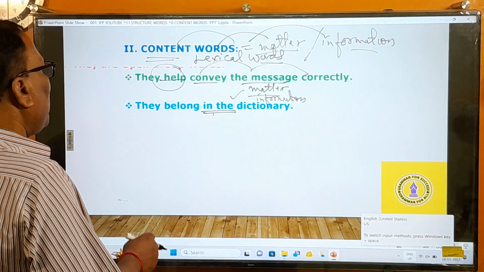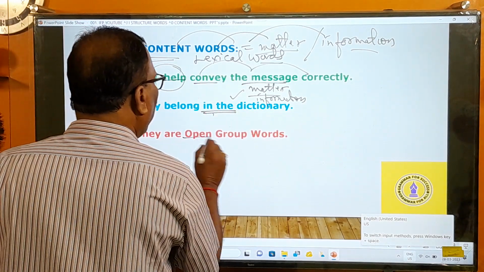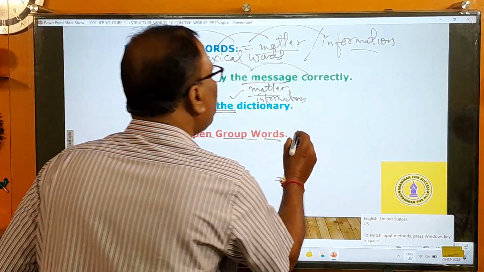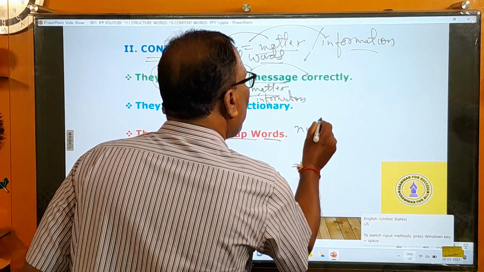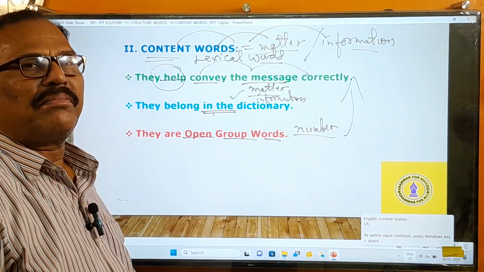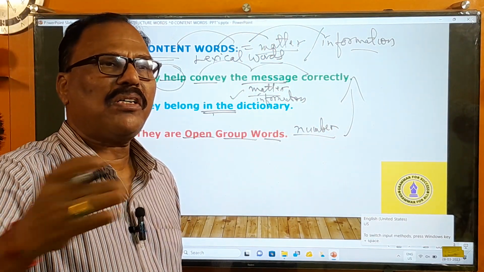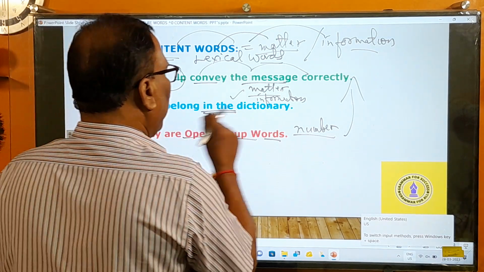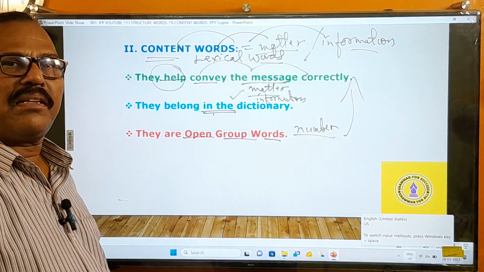And one more important point is they are open group words. Open group words means their number keeps on increasing as and when new words come into the market. Their number increases very fast.